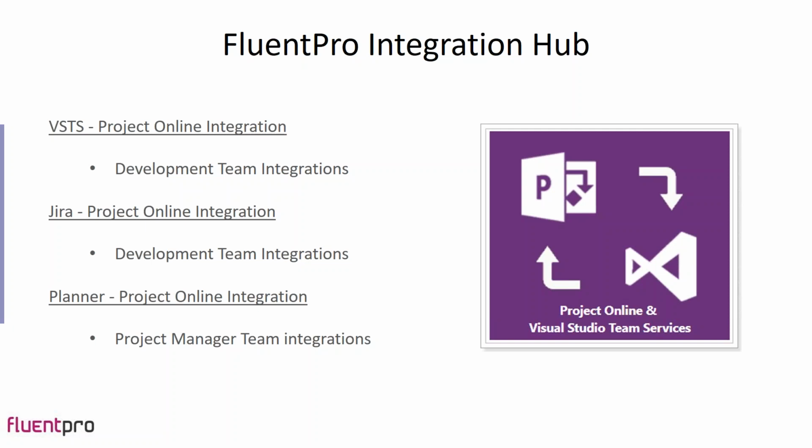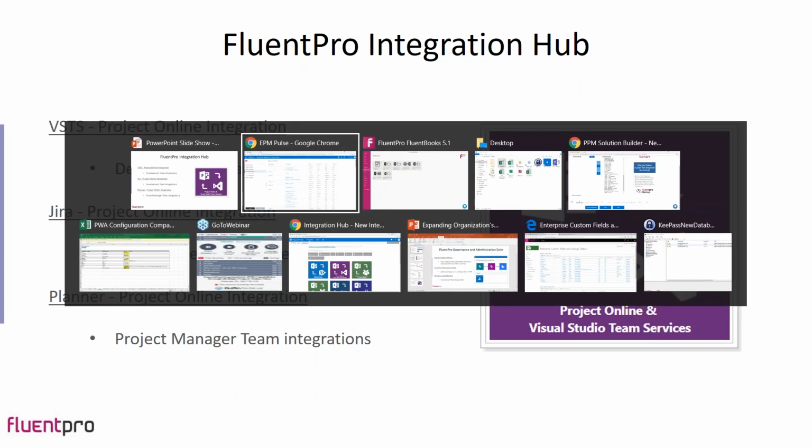So for example, the development team can easily integrate their projects from VSTS to Project Online or from Jira to Project Online, and project managers or just users who use Planner instead of Project Online on a daily basis, they can use Integration Hub to move the data from Planner to Project Online and vice versa. So all the data from different systems is stored in one place. It makes the process easier.